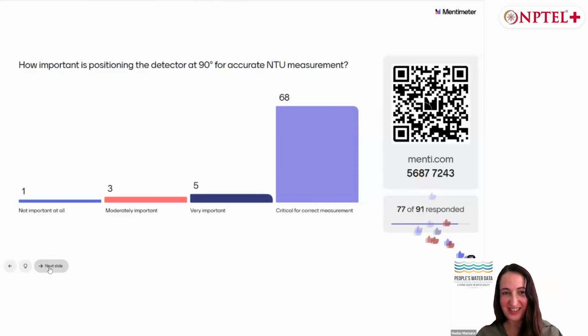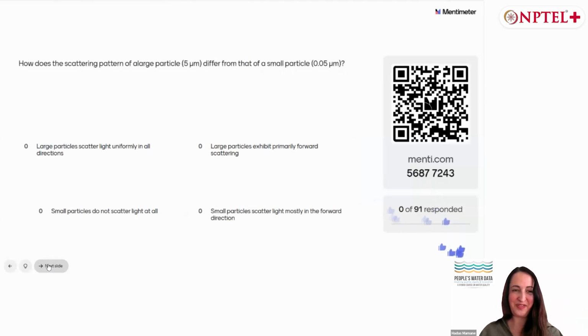Excellent. It's very important. It's not only important, but it's critical to position the detector at 90 degrees because this is actually the definition of turbidity. Perfect. Thank you very much. Let's go to the next question.